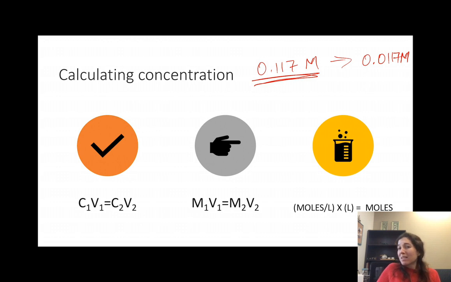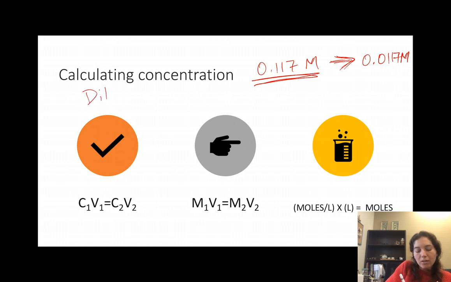You're going to have to mix this with some more solvent in order to get here. We've got to change the concentration somehow. And whenever you're changing concentrations, this is what we call dilution. This is a definition you need to know. Dilution is when you're going from a higher concentration to a lower concentration.